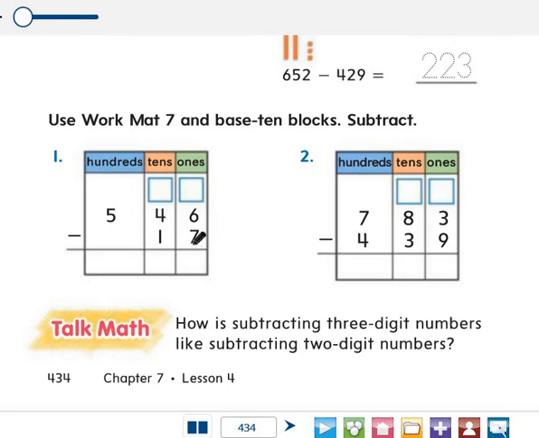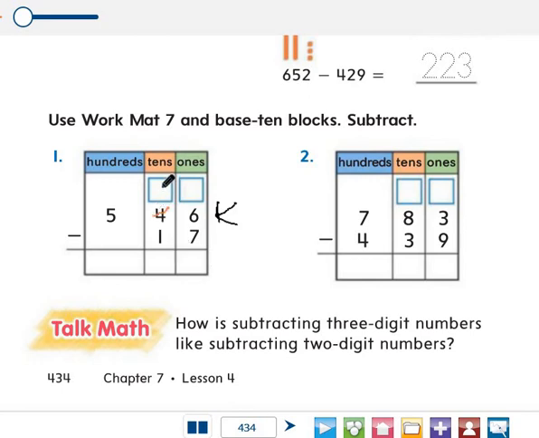Now let's solve the question number 1. 546 minus 17. Let's start with ones. We have to start subtracting with ones. You know that, grade 2. It's very important. So 6 minus 7. Can we subtract? Do we have enough ones? Of course not, because 6 is smaller than 7. So we have to regroup.